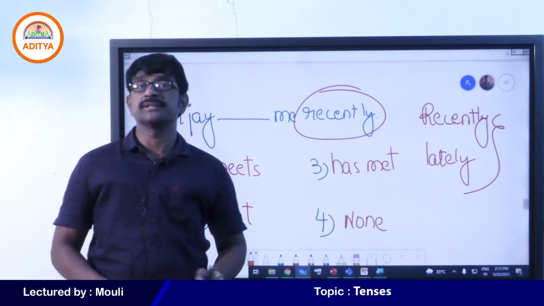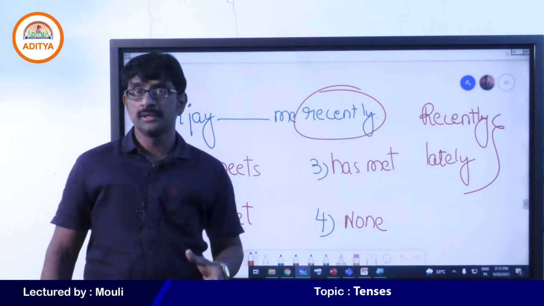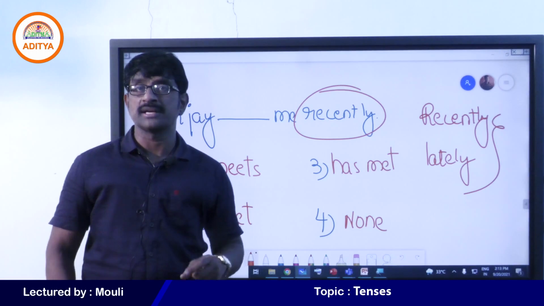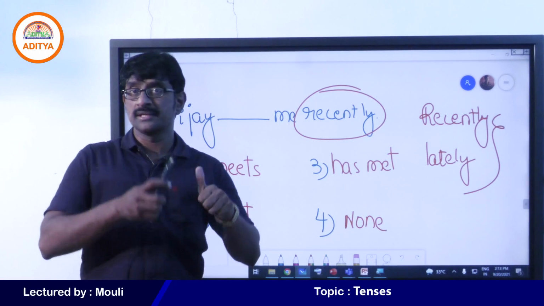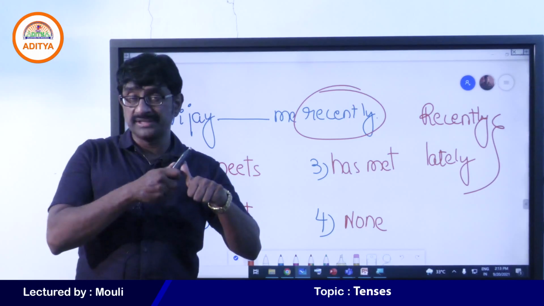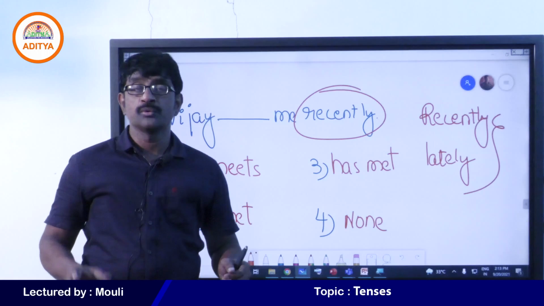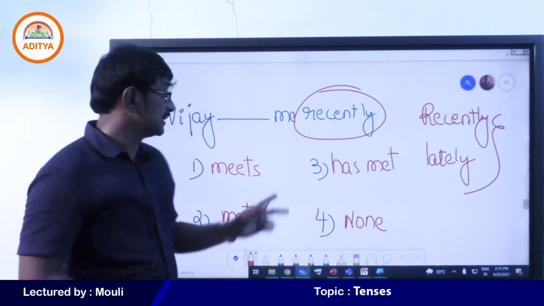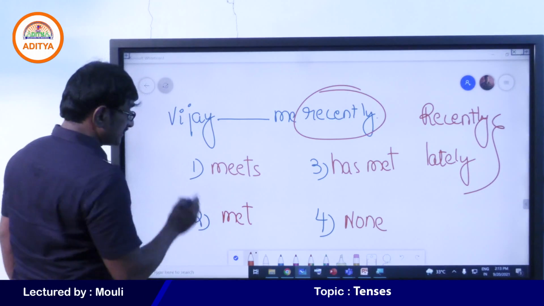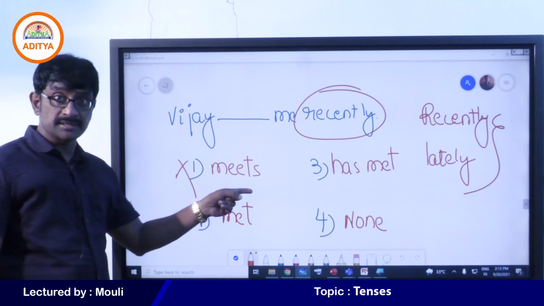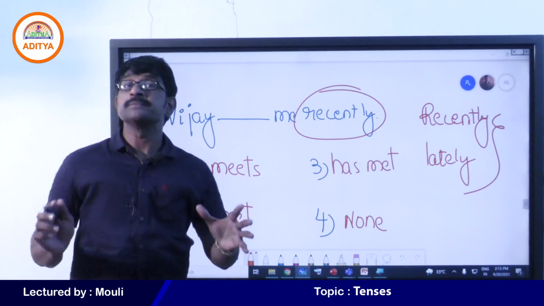So let us look at this. When we have decided this is a present perfect tense, we know that there are 2 things for us. One is have plus V3. The second one is has plus V3. We will go with a better devil. Let us see now. This is cancelled. This is not necessary because we want a present perfect there.